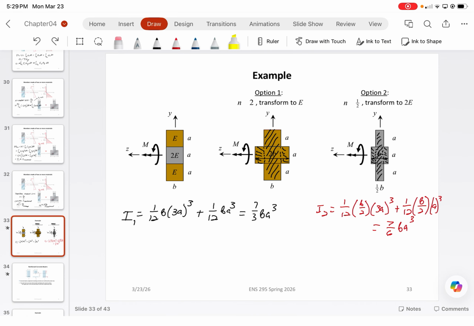All right? So we account for all of this now by just plugging it into the curvature equation, which we know is just equal to M over EI. So when we plug in everything, we should get 3M over 7EB a cubed.